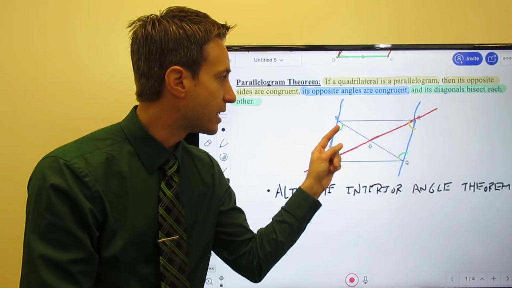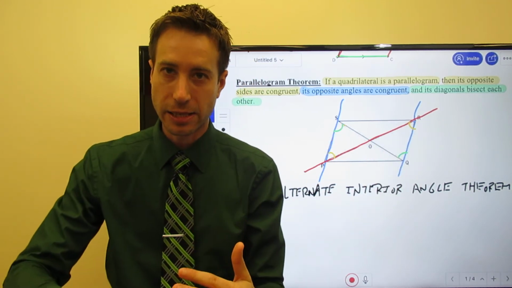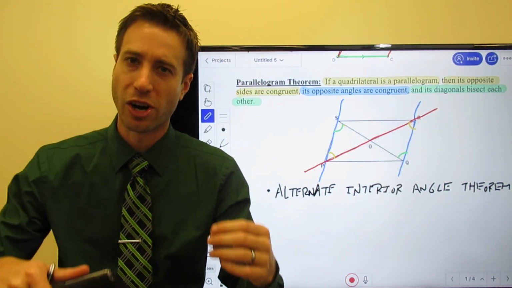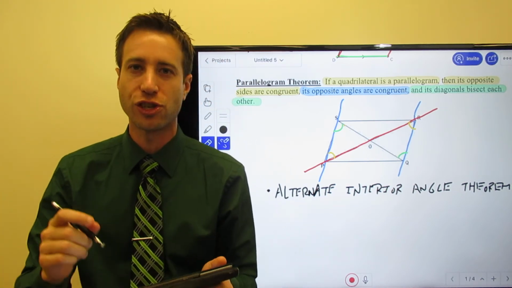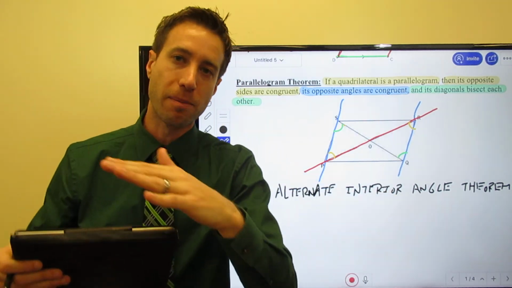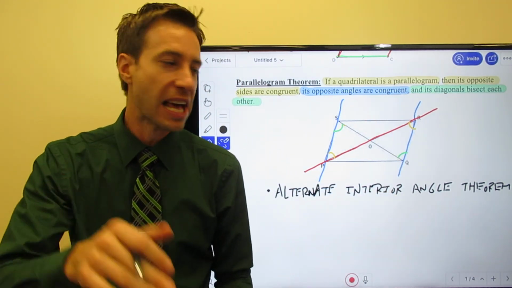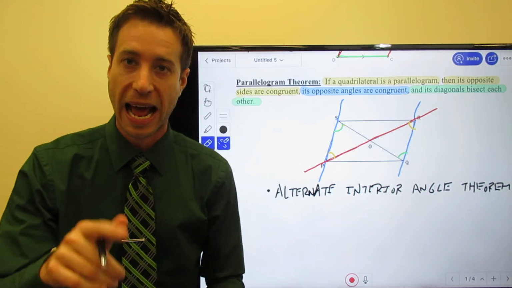So you want to watch out for that as well. I absolutely will ask you questions about those interior angles that are formed by the diagonals, and based on the alternate interior angle theorem, you know that they're going to be congruent angles.